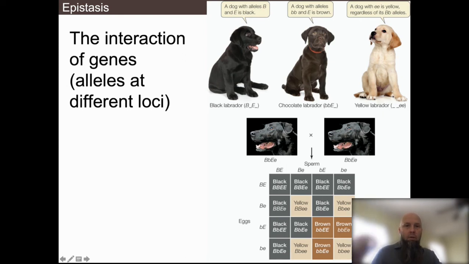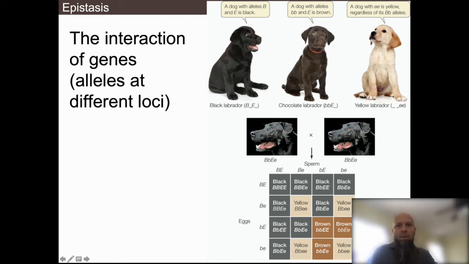And we're going to start digging into these instances where there is more than one locus contributing to the phenotype of an individual. The first is a term that you've probably seen before, epistasis. This is when multiple genes at different loci, so different genes, interact with one another on a single phenotypic trait.